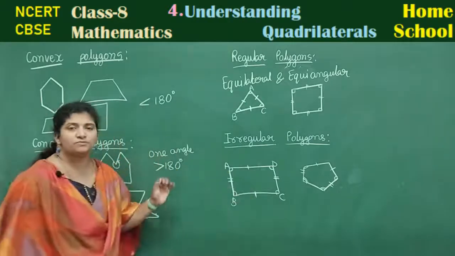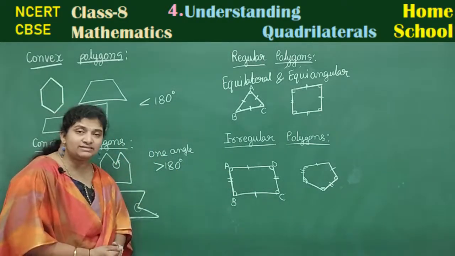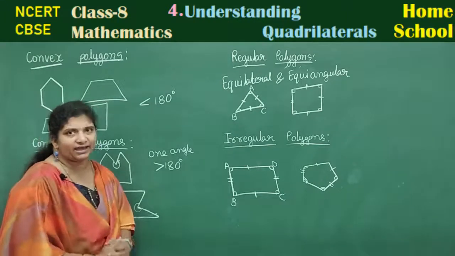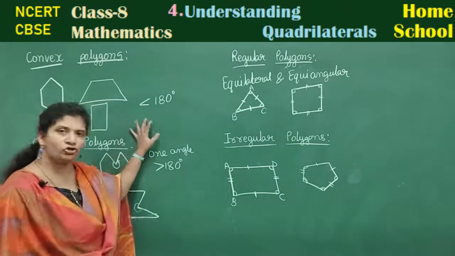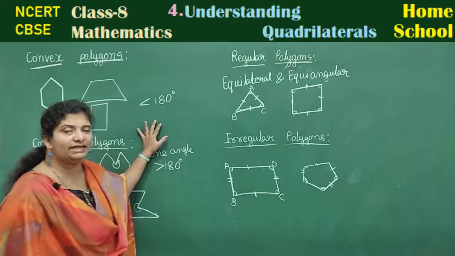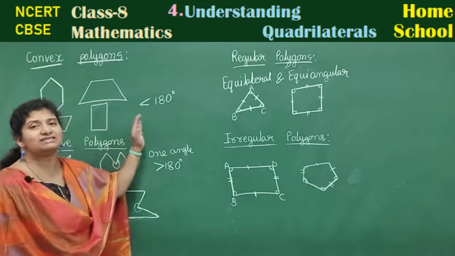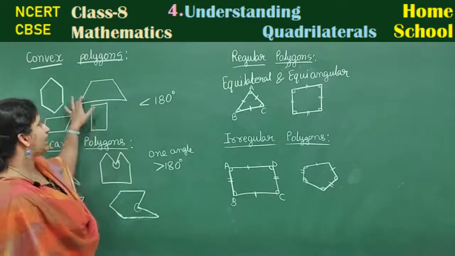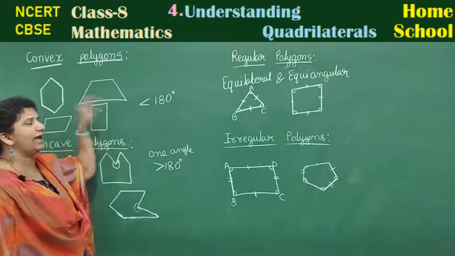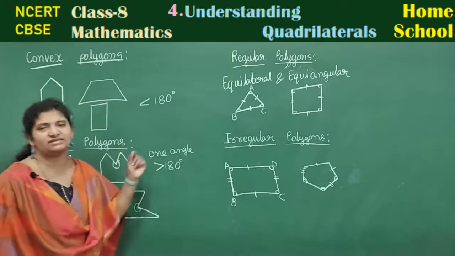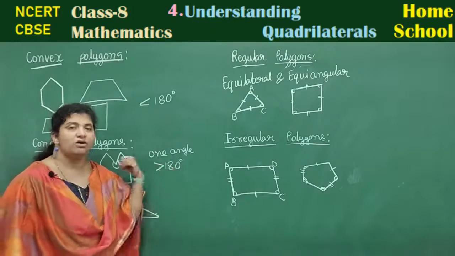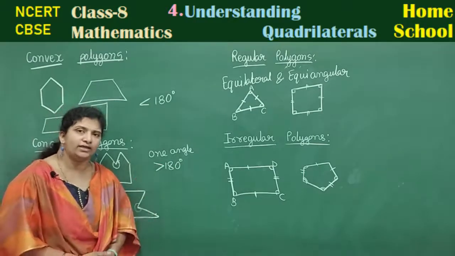What are convex polygons? We are talking about the interior angles. The angles are less than 180. This angle is less than 180. Every angle in a polygon is less than 180 degrees. What is a concave polygon?